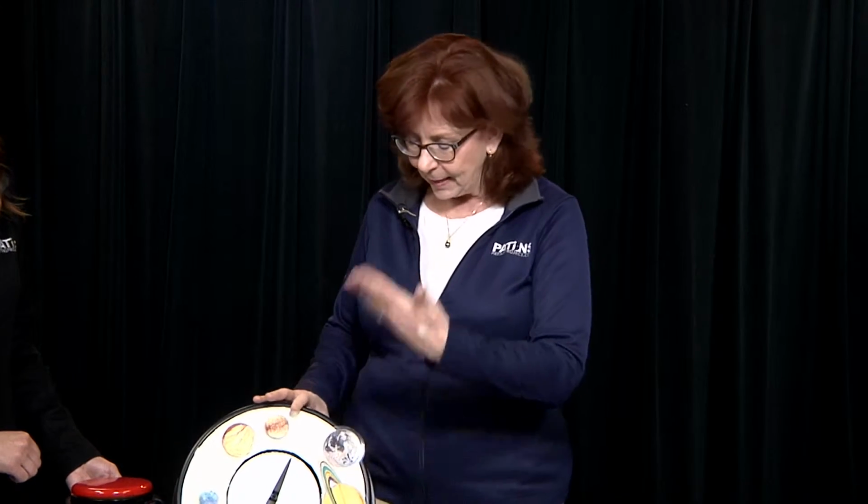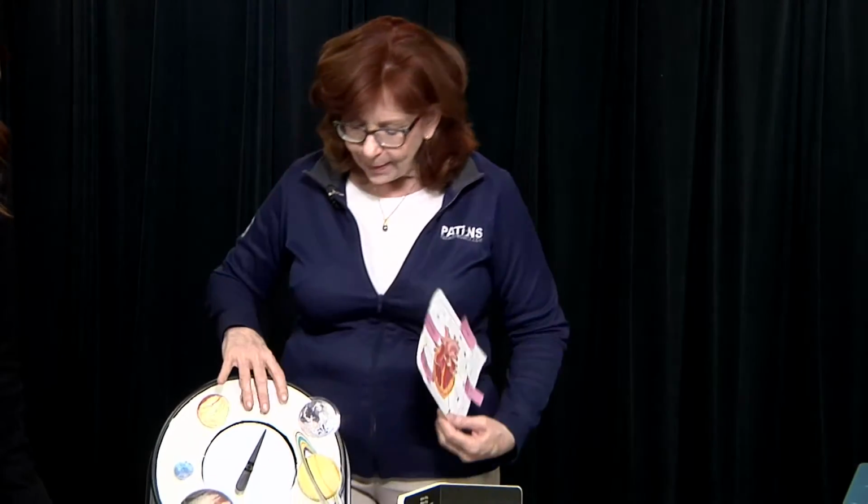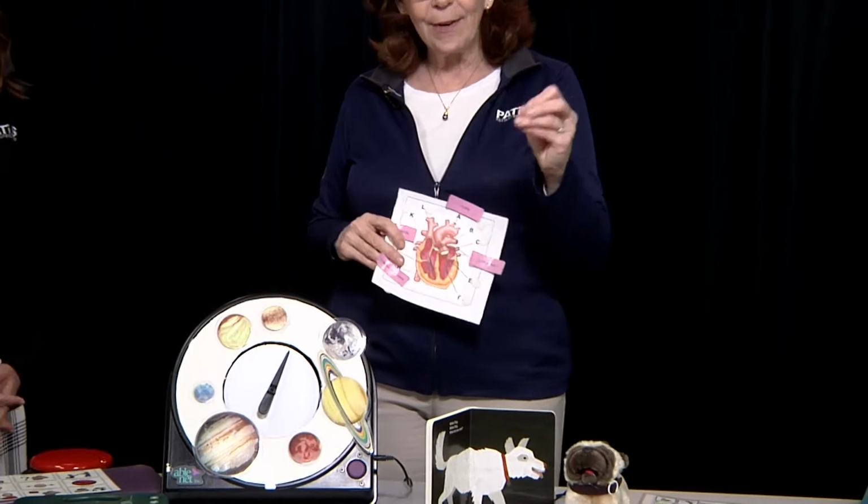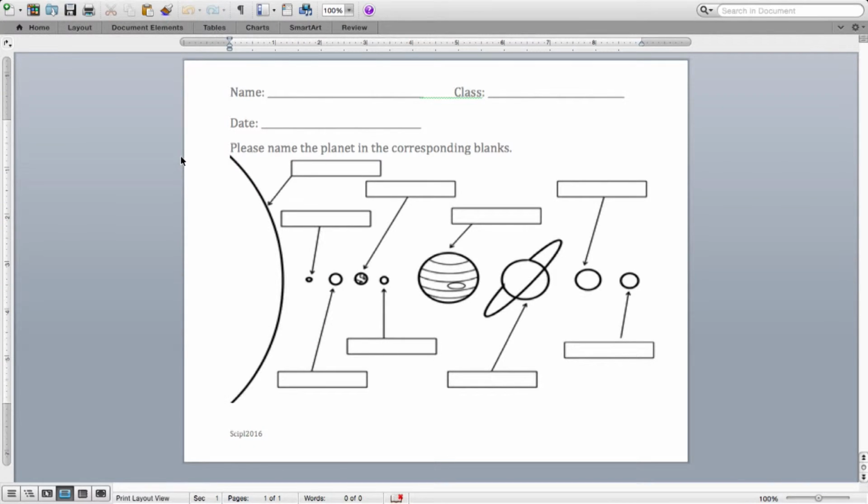And then they carry on, and it goes, and it's great. They're all engaged. That's my science connection. So instead of filling out that worksheet that we've seen, this could be another way to participate.